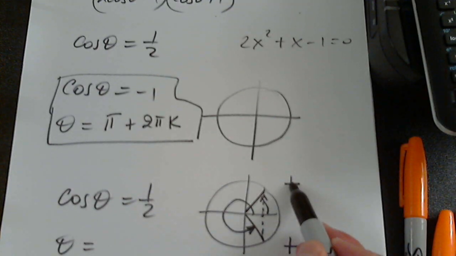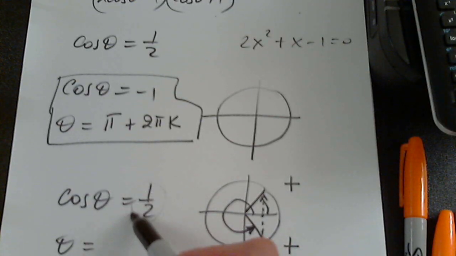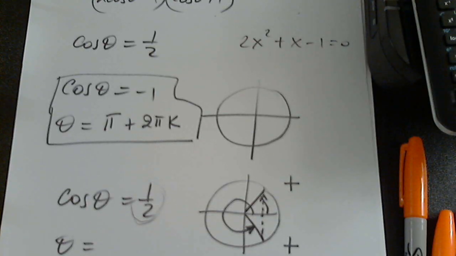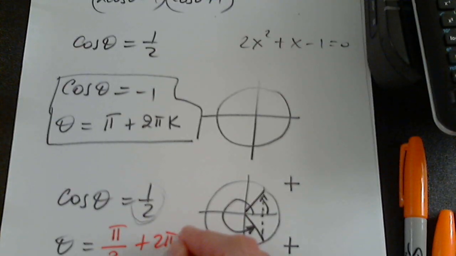Can anyone give us an angle in the first quadrant whose cosine is 1/2? Remember the table. What angle has cosine 1/2? Small, middle, or big? Pi over 3. Exactly. Plus 2 pi k.